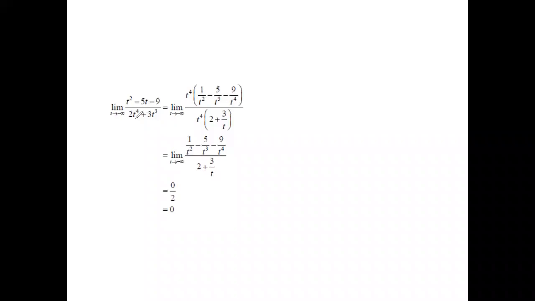I'm seeing factorization and division, but an easier approach, per the class that I know, is to just divide through by the highest power of t. So we have 3t cubed.